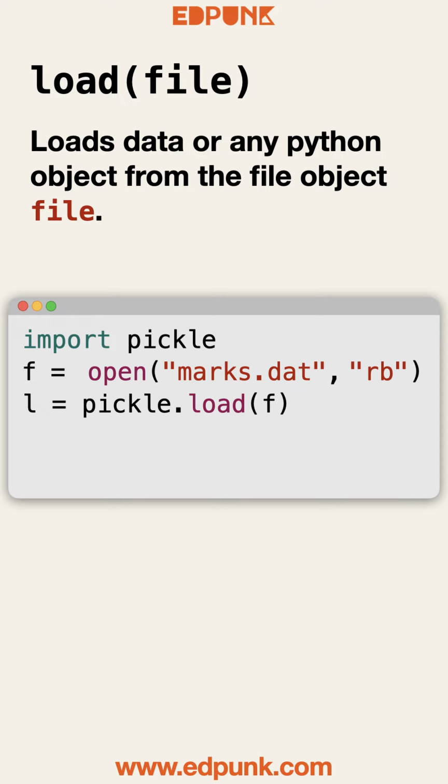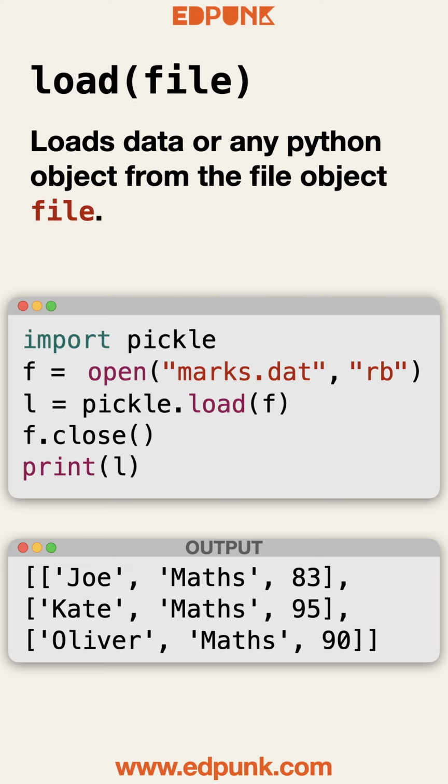Assign the returned object to L. Execute f.close and close the file object. Print L to display the contents of L. A nested list is output which contains three items: list string Joe, string maths and 83, list string Kate, string maths and 95, and list string Oliver, string maths and 90.